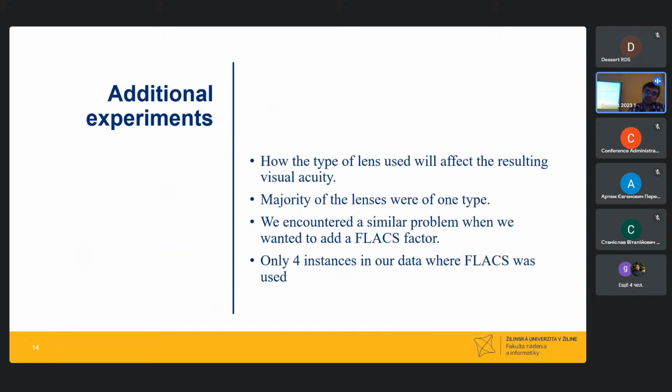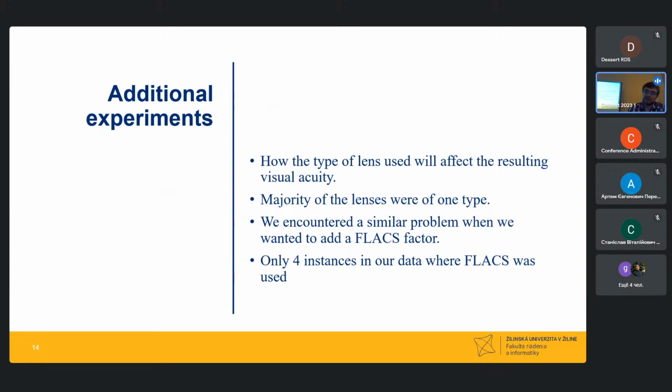Then we also conducted some additional experiments in which we tried to add the factor of type of lens which was used in the operation, but once again we had a very similar result as in the first experiment, and after a closer examination of the data, we discovered that the majority of the lenses were of a single type, more than 19%.